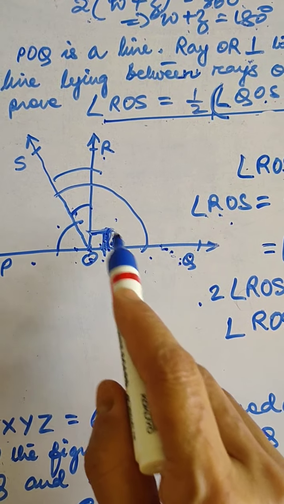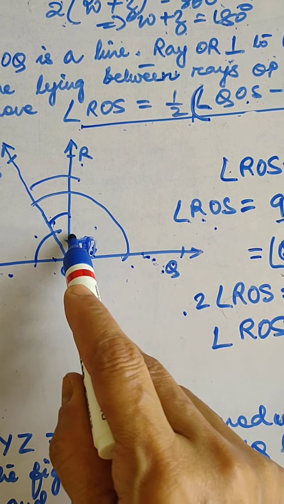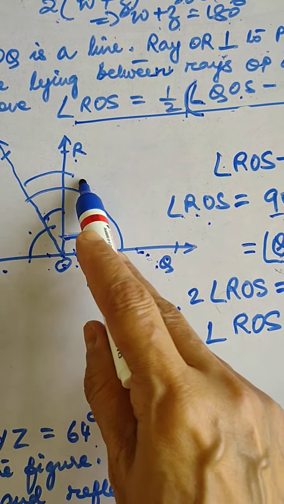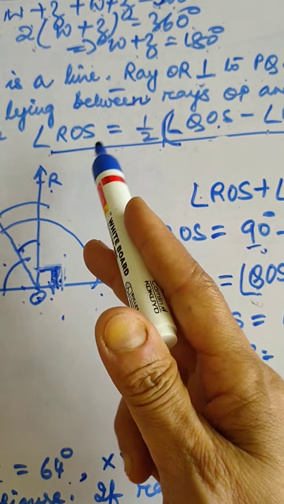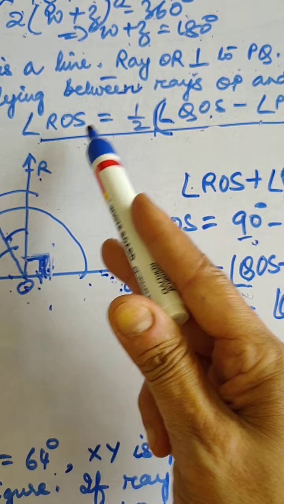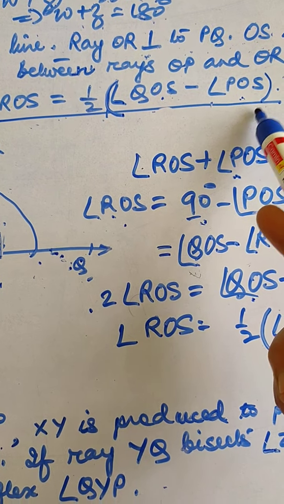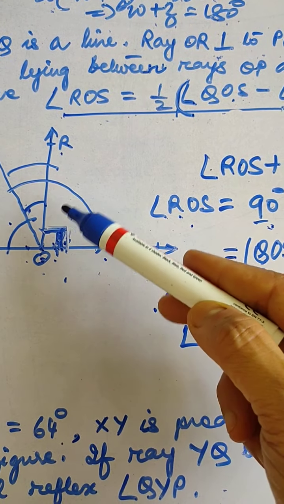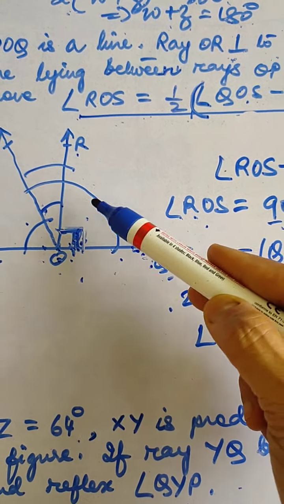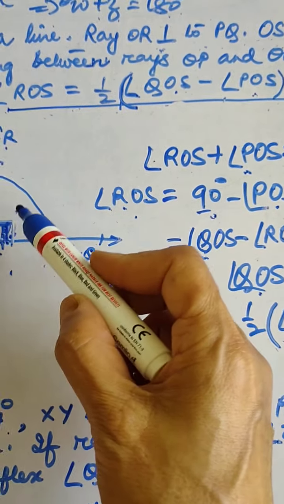So they have said that OR is perpendicular to PQ. So we can say that this angle is 90 degrees. That means angle ROQ equal to 90 degrees. Now in the proof we have angle ROS equal to half of angle QOS minus angle POS. So we will start a relation where ROS is involved.